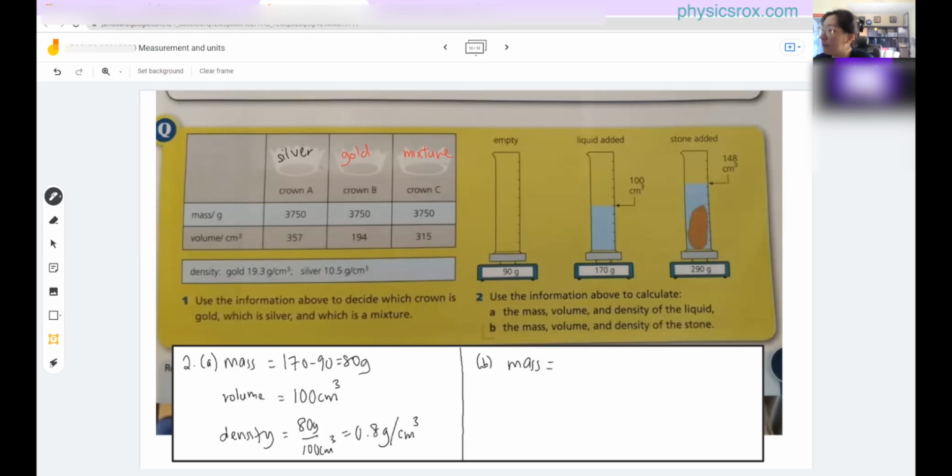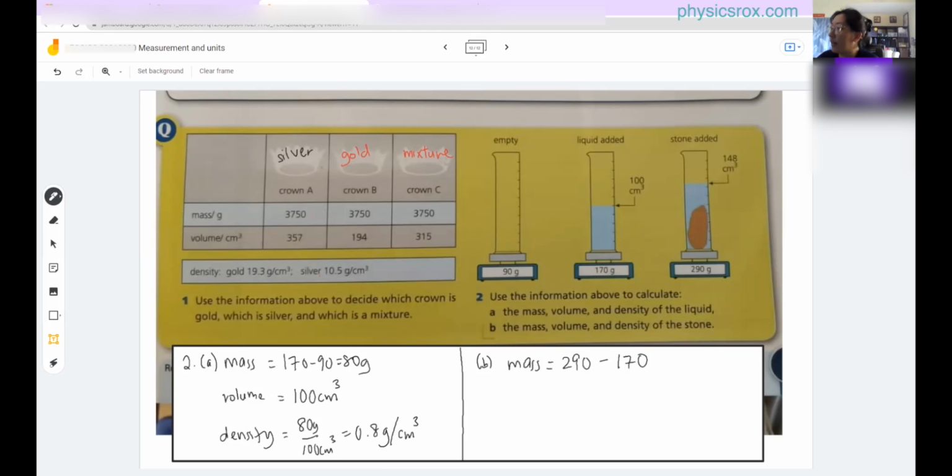How'd you get 210? 290 minus 80. Okay, it's a very good try, but it's not like that. Yes, it's 290 minus something, but it's not minus 80, it's minus 170. I know you minus 80 because you minus the water, but you must also minus the measuring cylinder. So you must have 290 minus 90 minus 80.